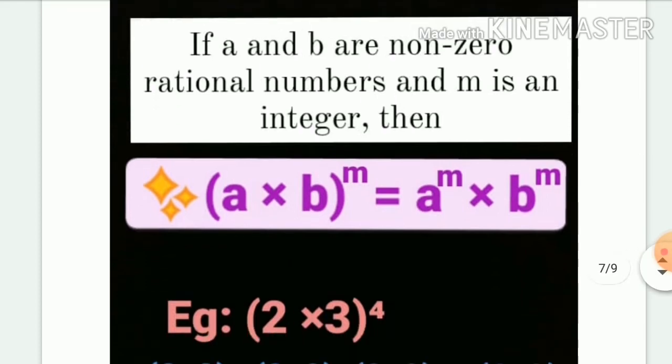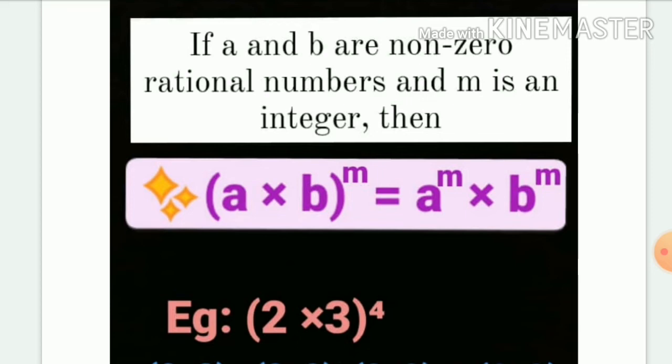So what will happen in multiplication? Two different bases: a is one base, b is another base. So a multiplied by b, both having the common index m. So (a multiplied by b) raised to m. Why bracket? Because m is a common index to a as well as b.